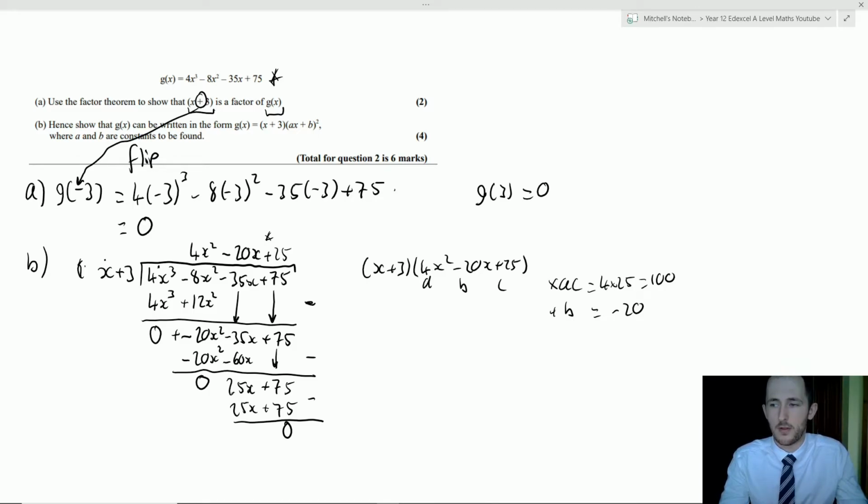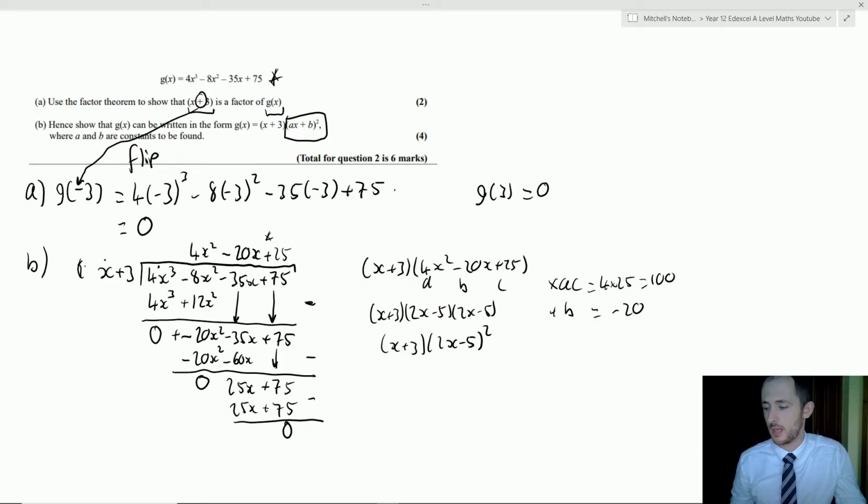So whatever you think those numbers are, or again, you can use some of your intuition to work out what those would be. Whichever way you prefer to factorize is perfectly acceptable, but you should find that you get 2x minus 5, 2x minus 5. But have a look at the question. It should be something squared. So now we just make it x plus 3, and we have a repeated bracket, so we can make it 2x minus 5, all squared.